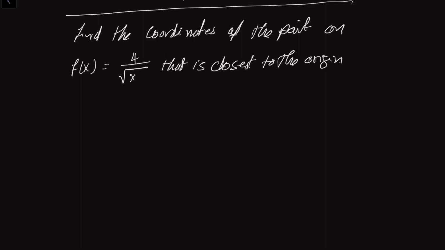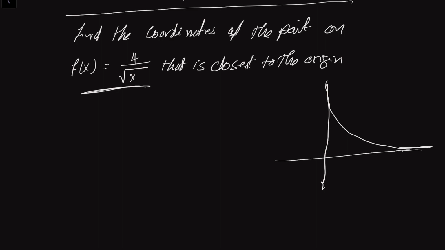Okay, so if we graph this function, it's like this. This is y, x. What's asking is which point on this graph is closest to the origin, which is 0 and 0.